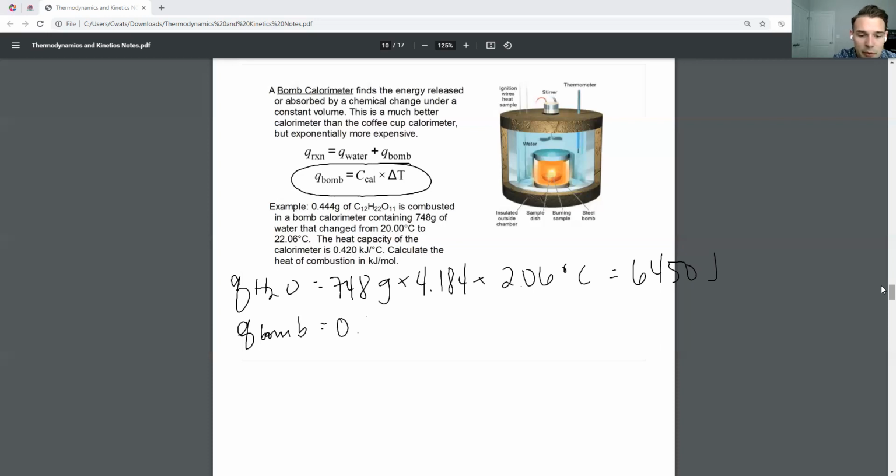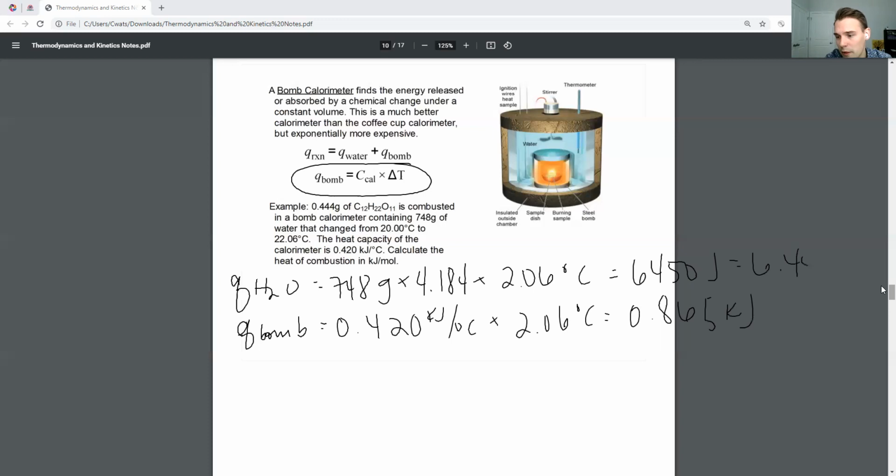So that's going to be the 0.420 kilojoules per degree Celsius times the 2.06 degrees Celsius, which will give me 0.865 kilojoules. Okay, so I'm just going to turn this joules into kilojoules, 6.45 kilojoules.